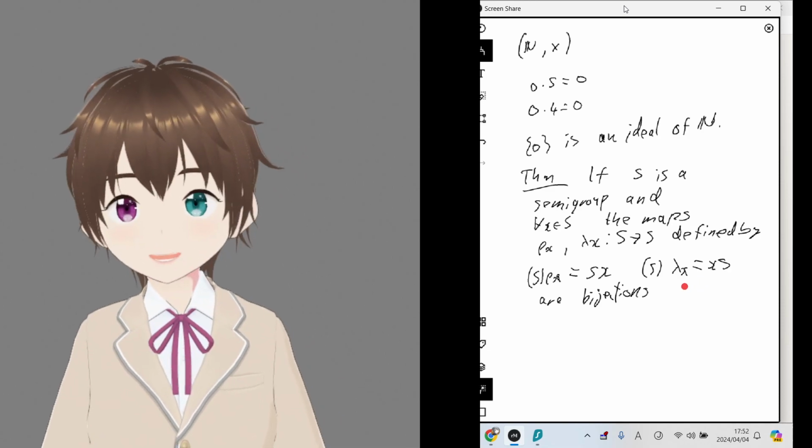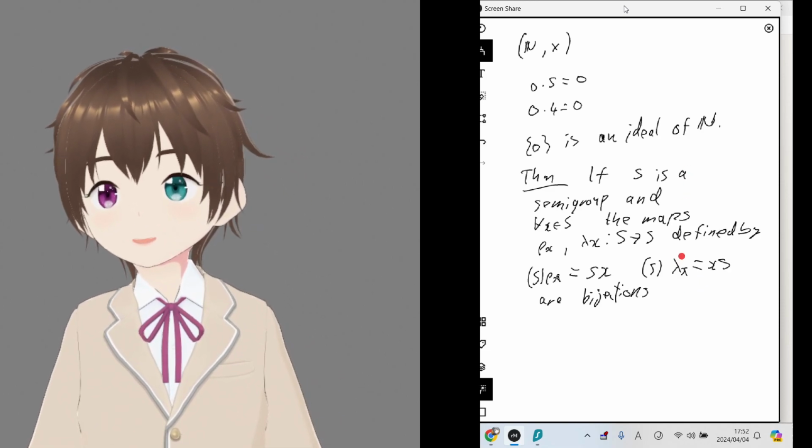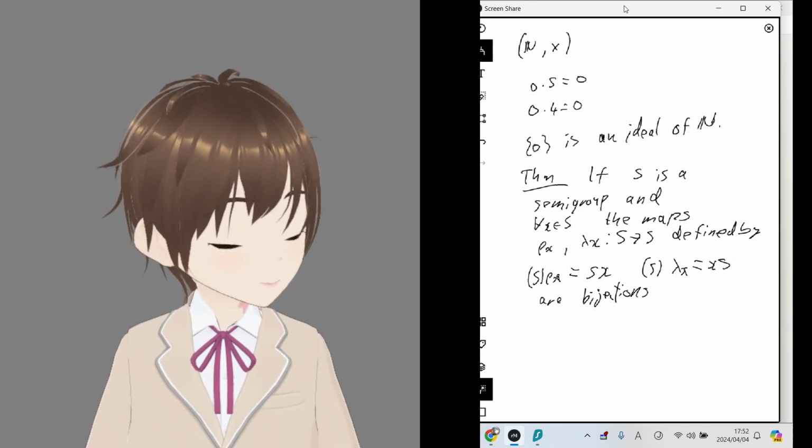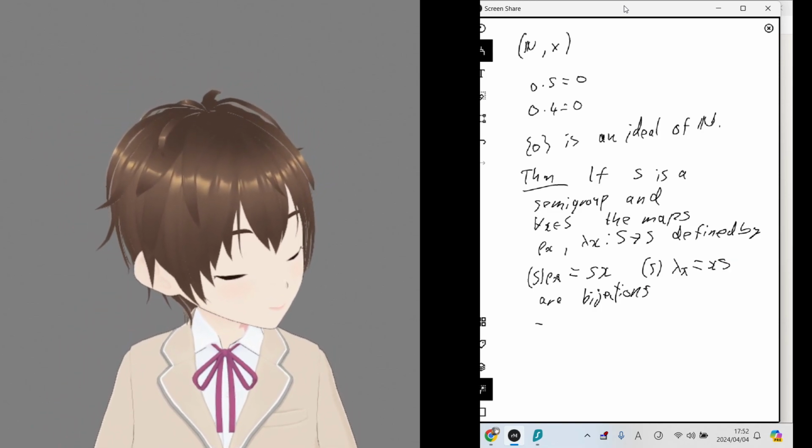So this is saying I never have this issue where I sort of fall down into an ideal. I can always move around wherever I want. Then this implies that S is a group.